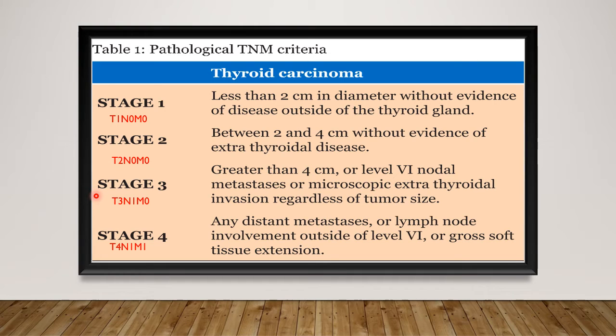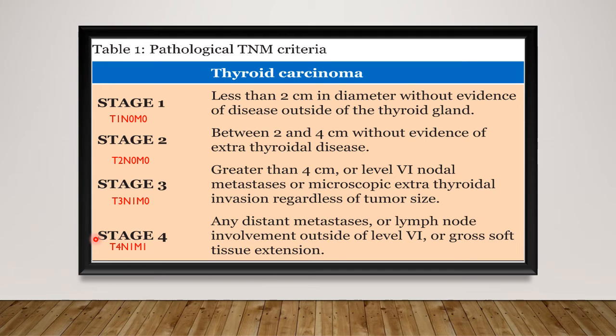Stage 3 is when the tumor size is greater than 4 cm, or the level 6 nodal metastasis is positive, or there is microscopic evidence of extrathyroidal invasion regardless of the tumor size. These are the three categories under stage 3, and this is T3, N1, M0.